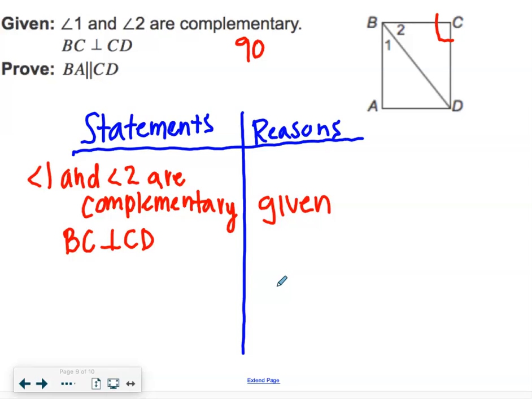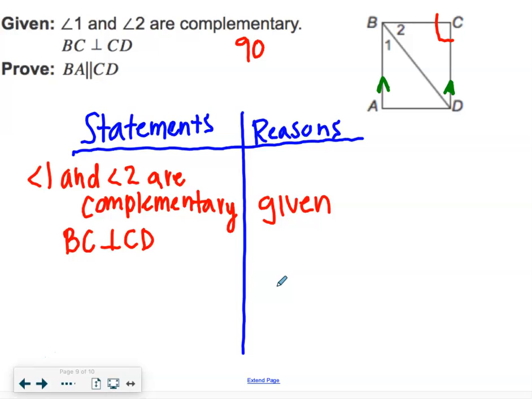Okay, so keep in mind our goal is to show that this line here, BA, is parallel to CD. So what are just some things I know about this picture before we even write our proof? AB equals... Not quite.